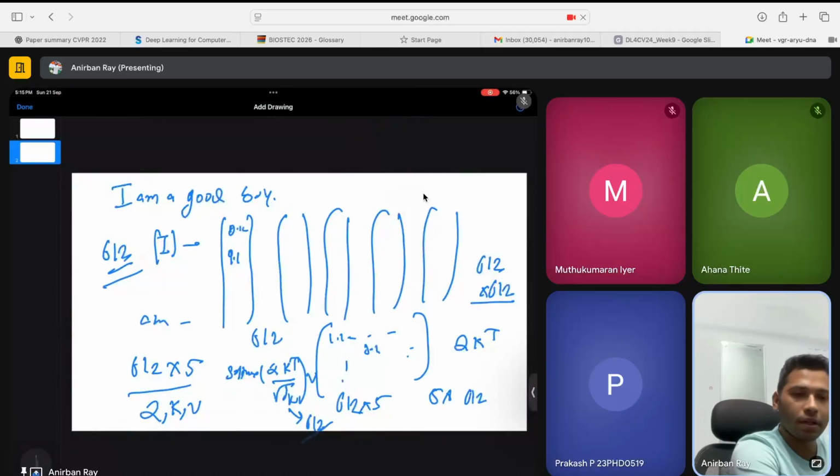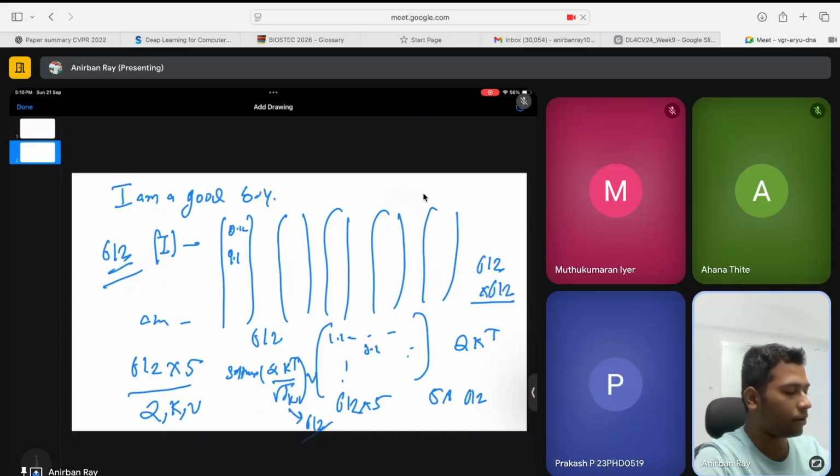So this is called the attention, and this will define which word matters. Suppose your query is I, so it is called self attention. That's also important.